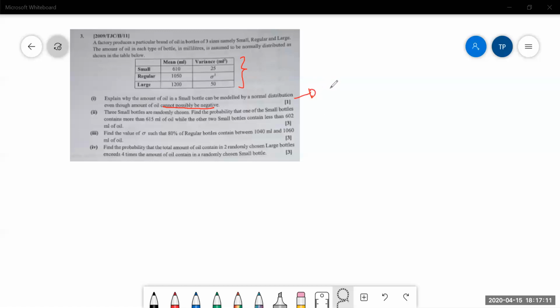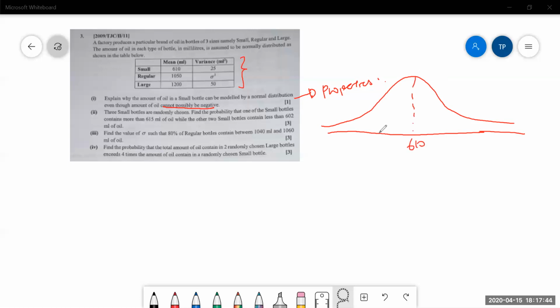Explain why the amount of oil in a small bottle can be modeled. What are they testing here? They are testing the properties of normal distribution. The amount of oil cannot possibly be negative. The curve, right? The maximum value of the curve is at x equals the mean.